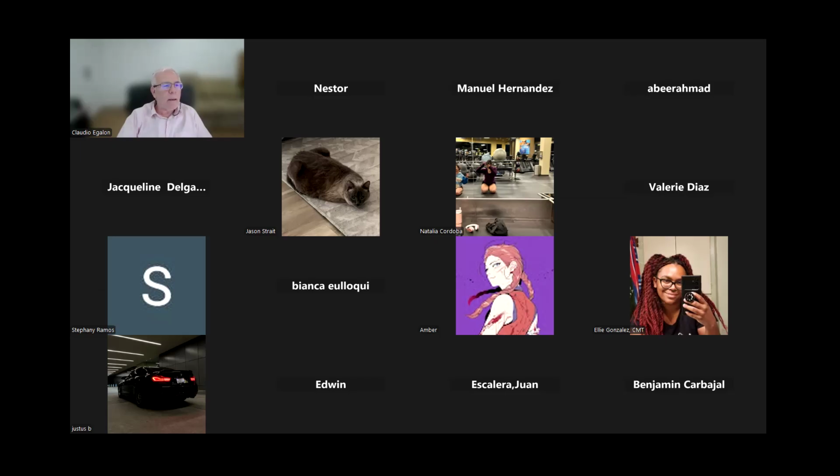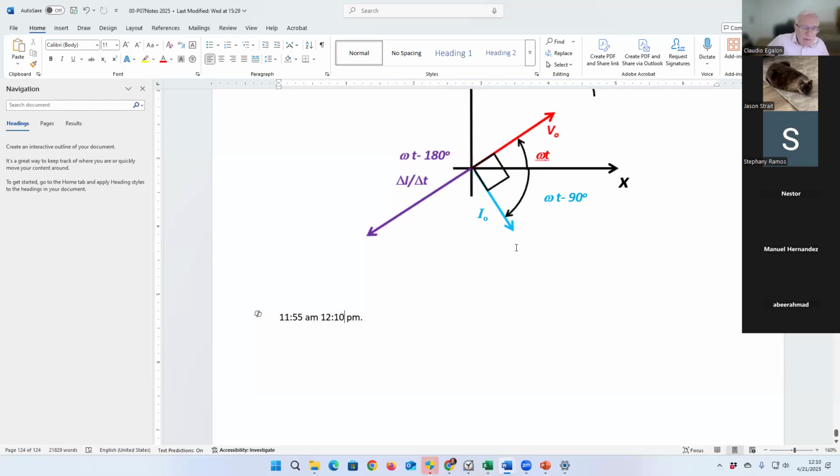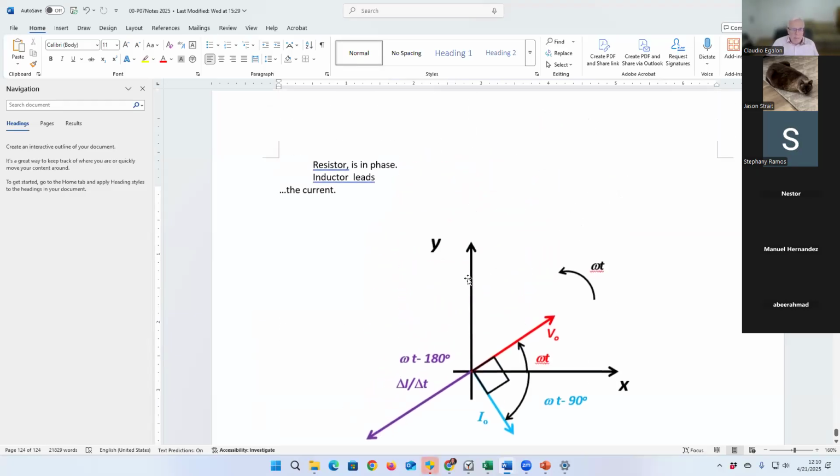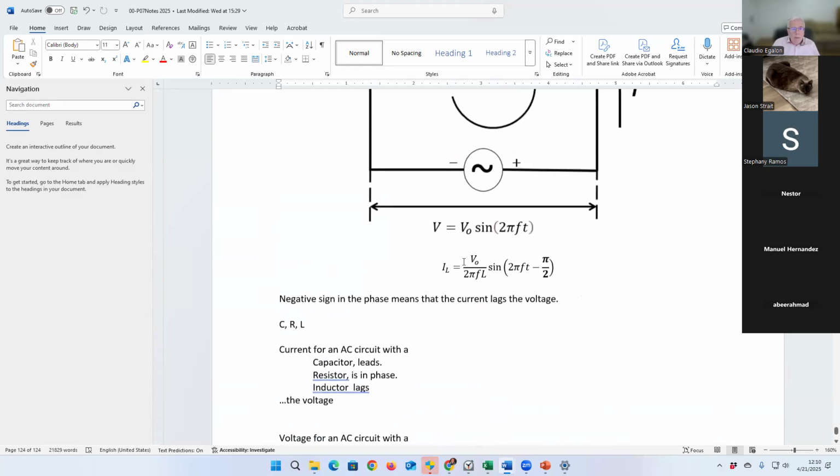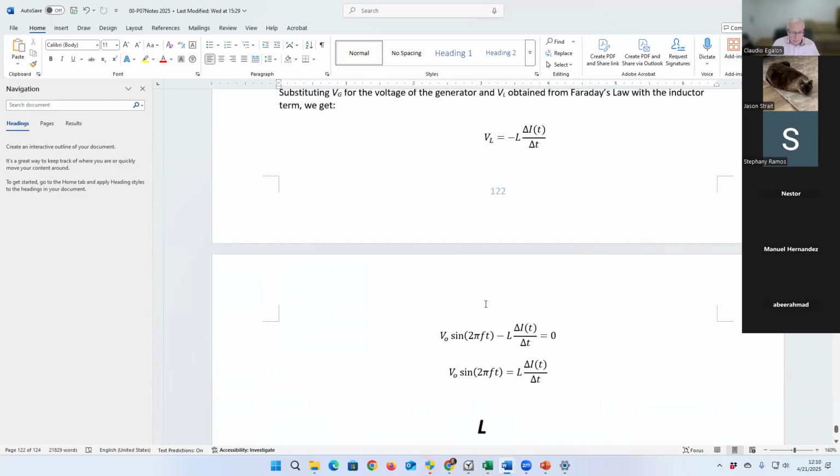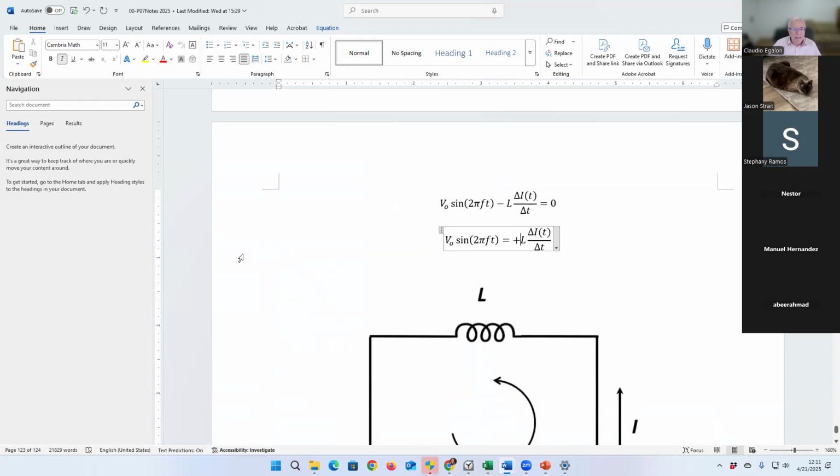I'm back here. And there is a mistake here, folks, in this drawing. I got a little bit confused with this, but it's obvious from the equation. What do we have here, right? We have a minus sign here, and when we pass this term to the right side, we end up with a positive sign.